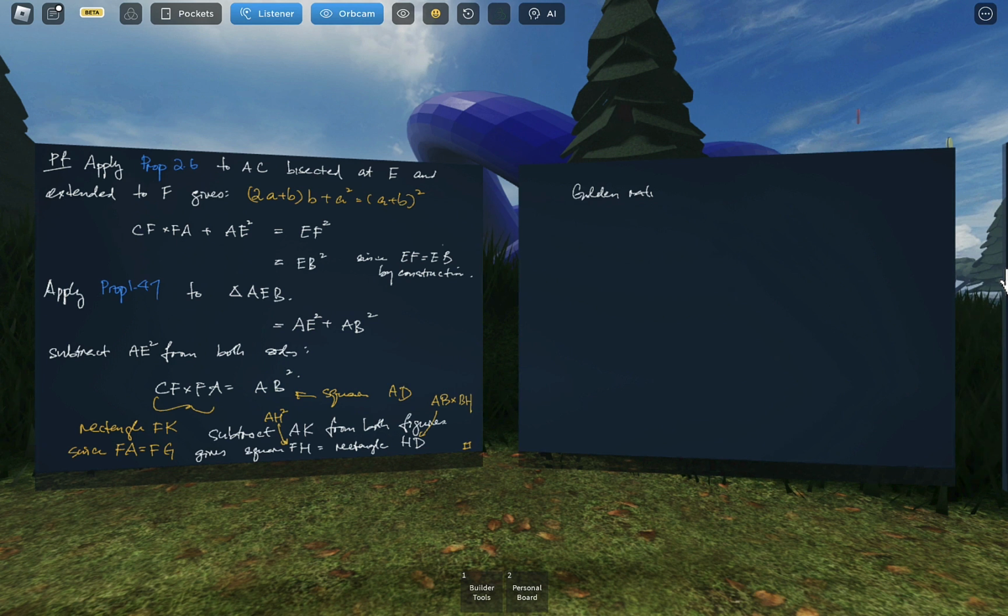So this is the ratio of the whole piece over the larger piece is equal to the larger piece over the smaller piece.